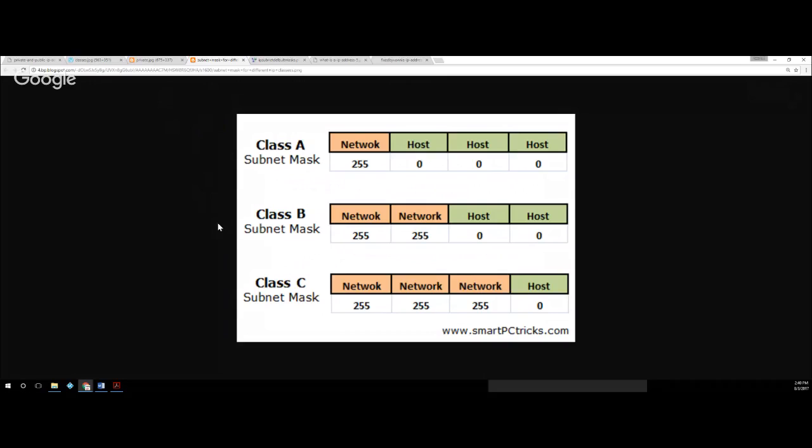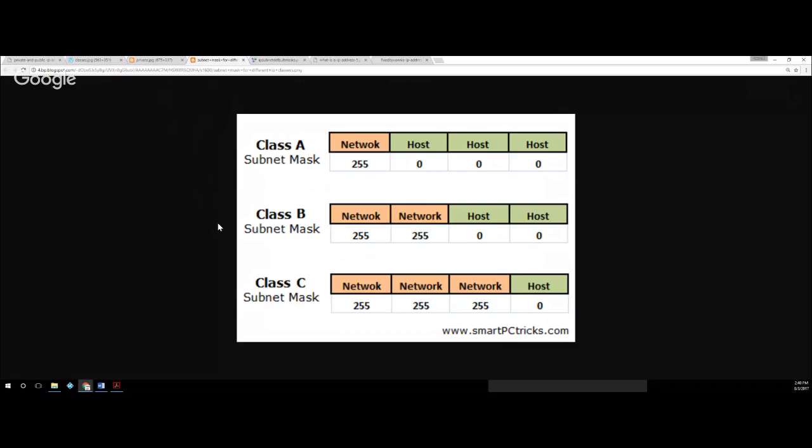Now, Class B has a default subnet mask of 255.255.0.0, which means the first two octets are important, which means I won't just need the first number, but I'll need to actually say whatever number it is, dot, whatever the next number is, and that will identify the network.